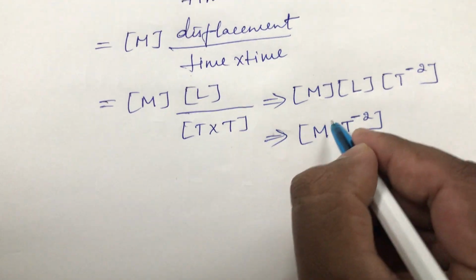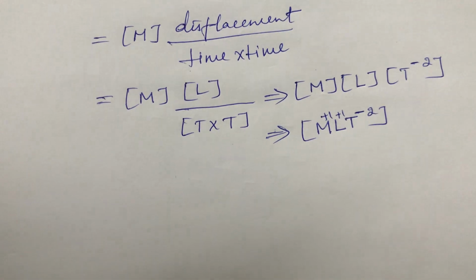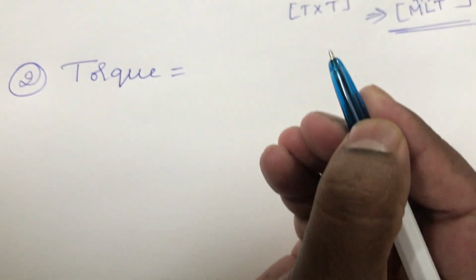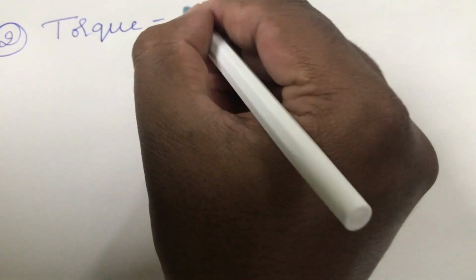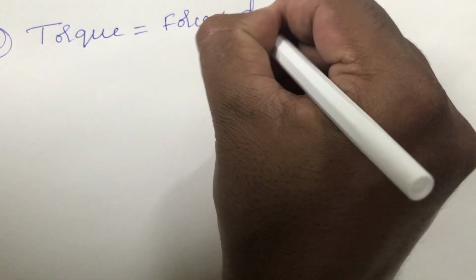If you want, you can write it as m to the power plus 1 and l to the power plus 1. Okay, it is not mandatory. Okay, second one is torque, or turning effect. That can be written as force into displacement.